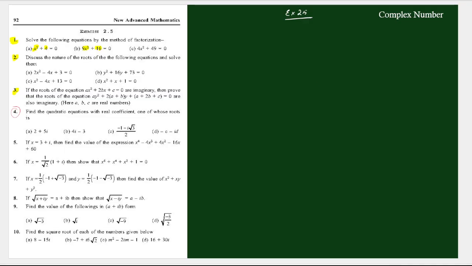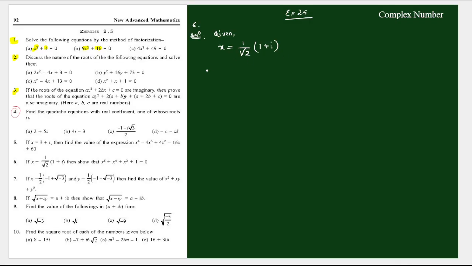Okay, let's do our question number 6. So given, x equal to 1 by root 2 into (1 plus i). Yes, the same method.